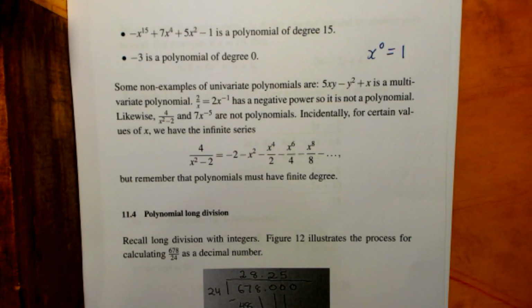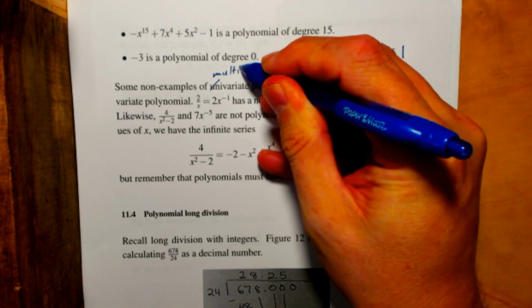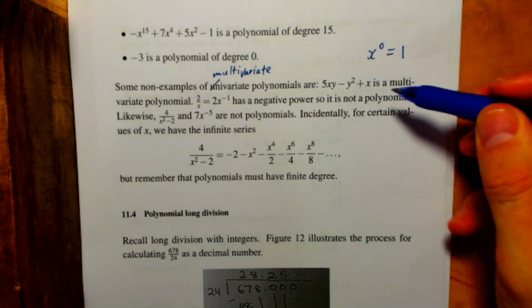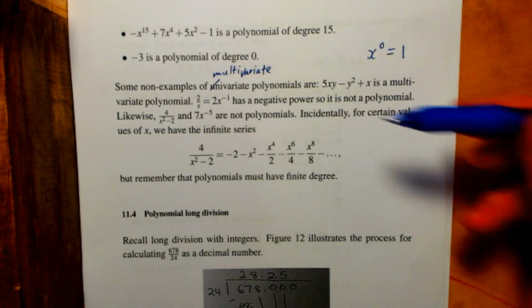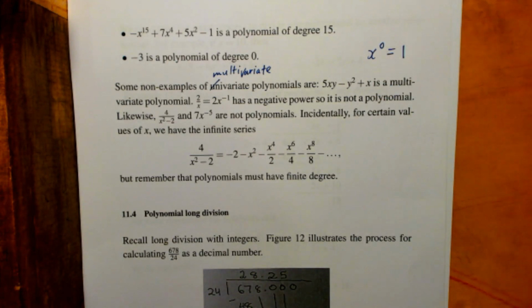Okay, some examples of univariate polynomials are, hang on, that can't be right. So multivariate polynomials. This is a multivariate polynomial. And why? Because there are 2 letters, right?